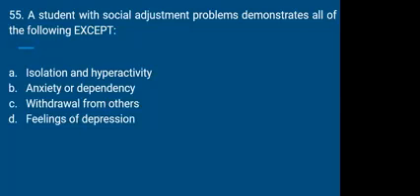Letter D, feelings of depression, pwede naman, di ba? So actually, all of them are correct. All of the choices are correct. But what do you think is the umbrella of these choices? Kung baka may isang umbrella, ano yung tatlong choices na yan, parang branches ng umbrella.